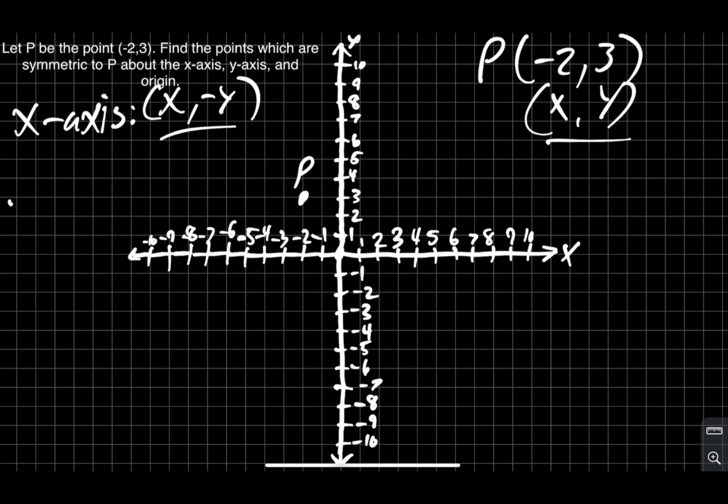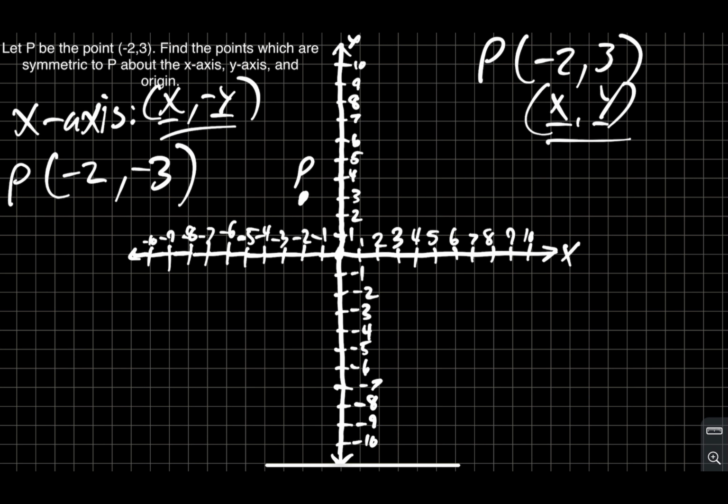The new point is going to have -2 stay the same, because x is just x. And then we have -y. We're trying to turn y into -y, so all we have to do is add a negative sign in front of the y value. When we do that, we get the point (-2, -3).